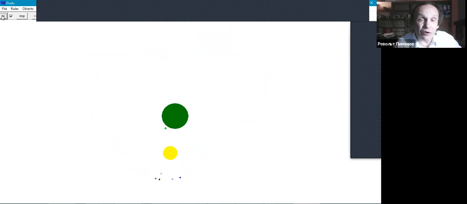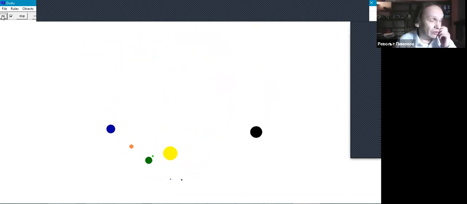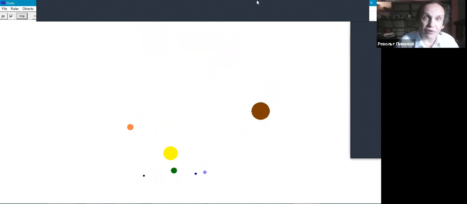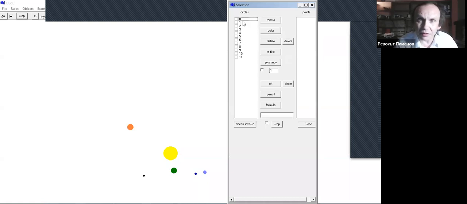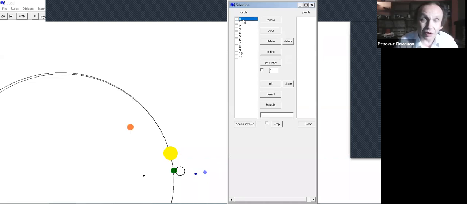And what is the law of this movement? The law is the same as in the previous figures. Now I try to show the mechanism. These are two circles as in the previous frame, and the Earth moves by composition of inversions about these two circles.